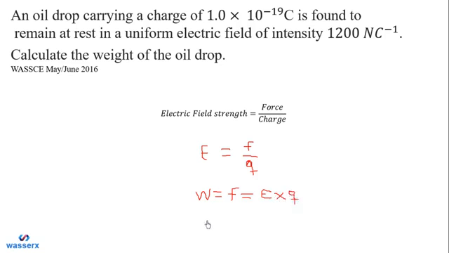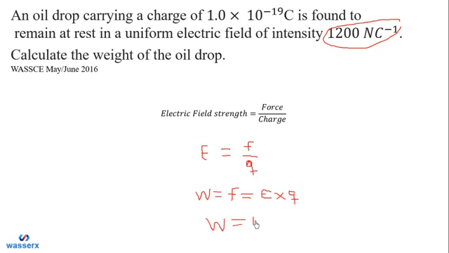So let's do the substitution to obtain the weight. We're given that the electric field strength, which is measured in newtons per coulomb, is 1200 newtons per coulomb.